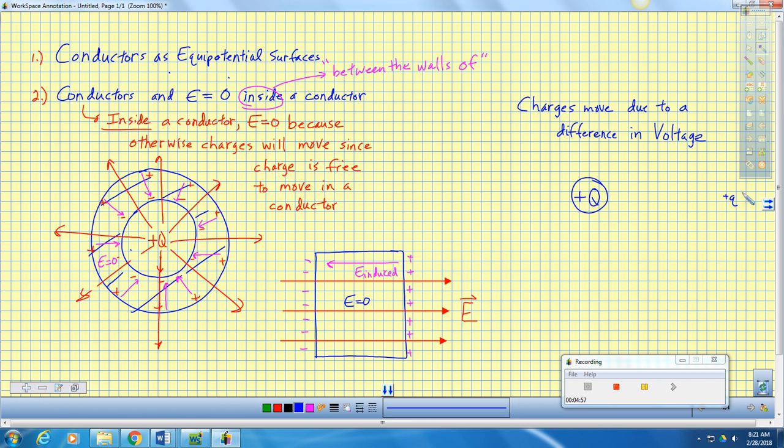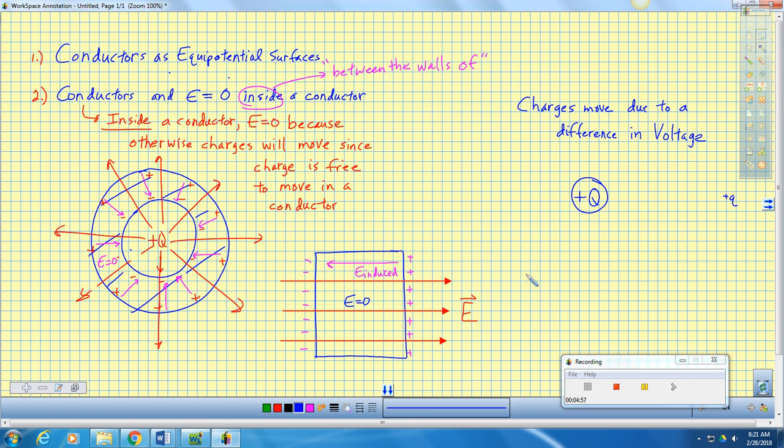If we have a conductor, any kind of conducting object, charges are going to move until it becomes an equal voltage surface. Because if it doesn't, then you have a difference in energy, and that's what makes charges want to move in the first place. Kind of like water. We've had a lot of water around here in the year we're filming this.